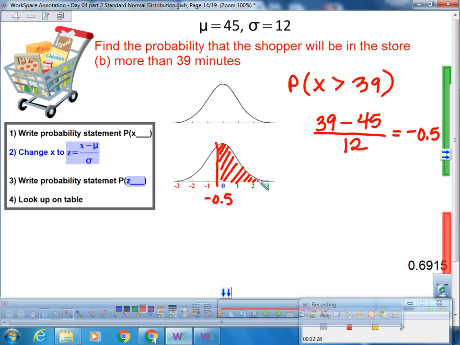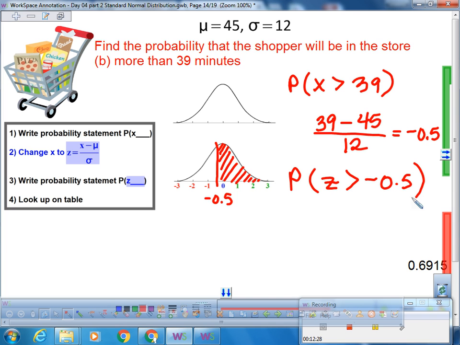Is there a way to find the area without subtracting? The way to find the area without the z-score? No. Yes. Because that's what we want to know. It wants to know greater than 39. I want to know the probability of a z-score greater than negative 0.5.